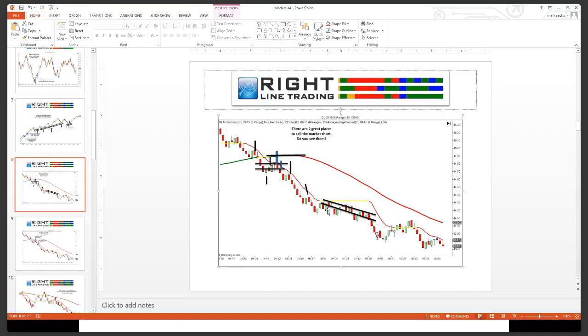And what you have is a lower high, lower high, lower high, lower high, lower high, lower low, lower low, lower low, lower low, lower low. 1, 2, 3, 4, 5 in a row. Now when you have this pattern like this and it peels off the modified 15, this is not an ultra conservative trade.